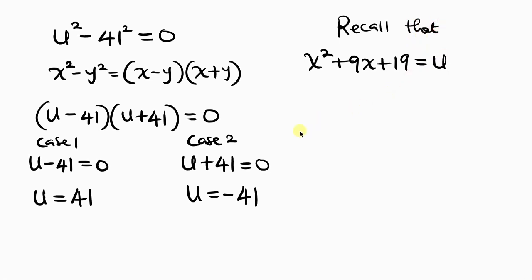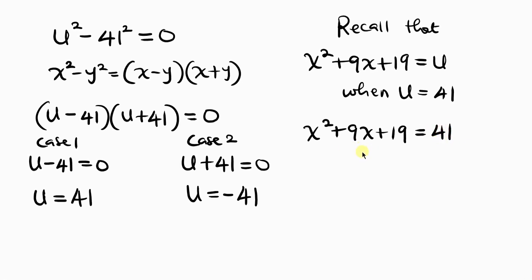So we're going to be applying our substitution here. For our first case, when u is equal to 41, that means this expression, x squared plus 9x plus 19, is equal to 41, which is the value of u. So I'm going to be moving 41 to the left-hand side so that we have x squared plus 9x plus 19.